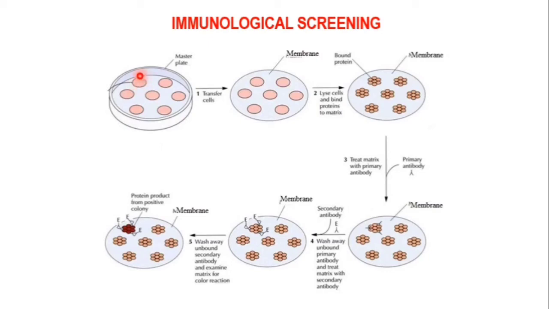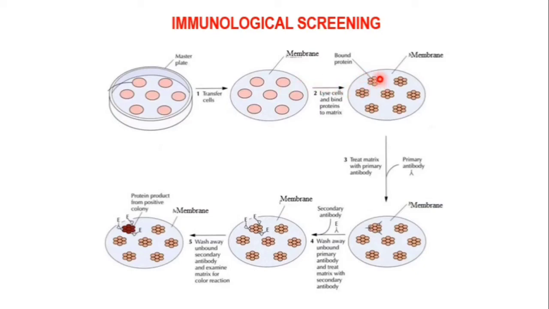In this technique, first we have a master plate containing the transformants, and these colonies will be transferred onto a nitrocellulose membrane. We will lyse the cells on the membrane, and the protein will be bound on this membrane.